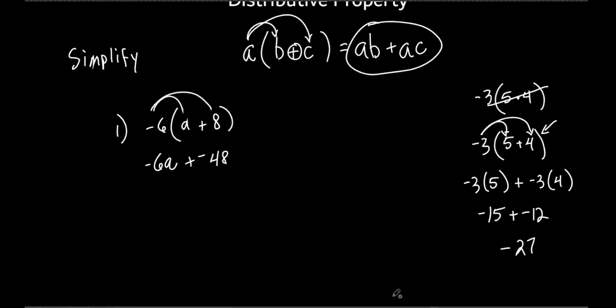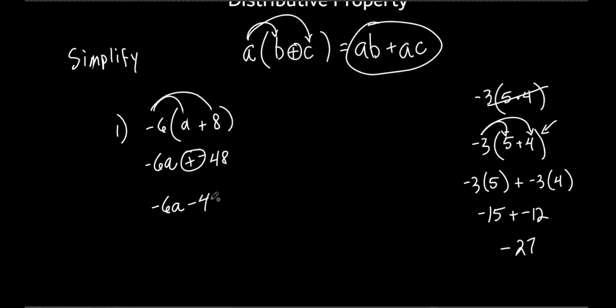That one rhymes, right? 6 8s are 48? Sure it does. So that would be perfectly fine like this. But if you were going to make it look a little bit nicer, a little bit simpler, this is how I'd write it. What's the same as plus a negative?